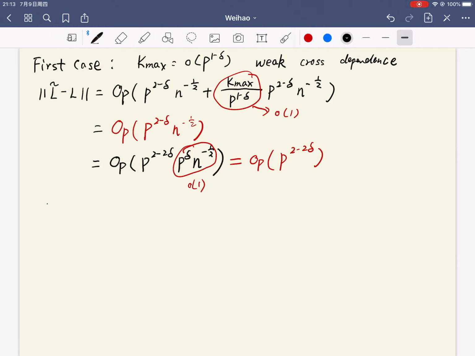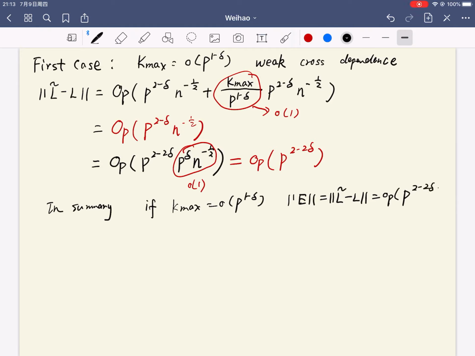In summary, if kappa max is little o p power minus delta, the perturbation of L is given by little o p power 2 minus 2 delta.